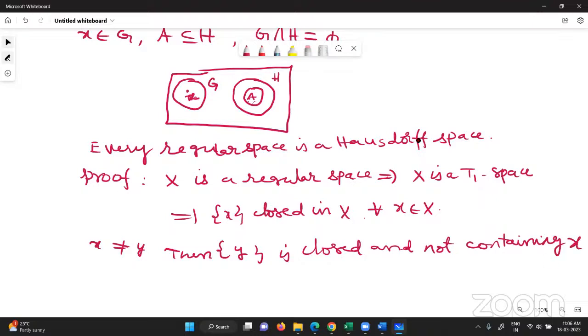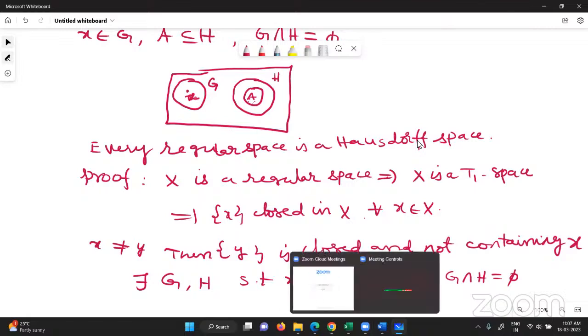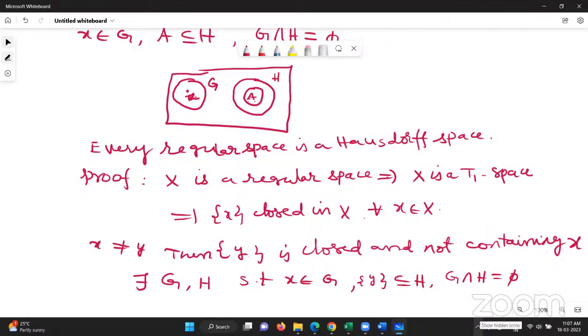So what do you mean? There exist open sets G and H such that x belongs to G, singleton y is a subset of H, and G intersection H is empty. Therefore, every regular space is a T2 space. The converse is not true.